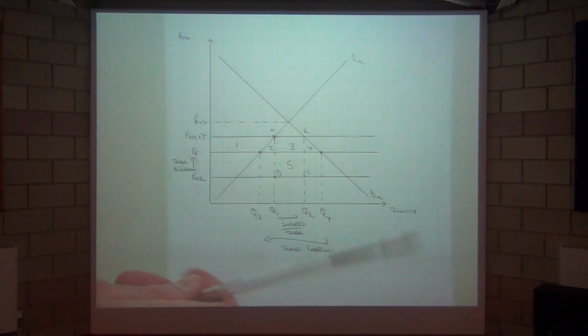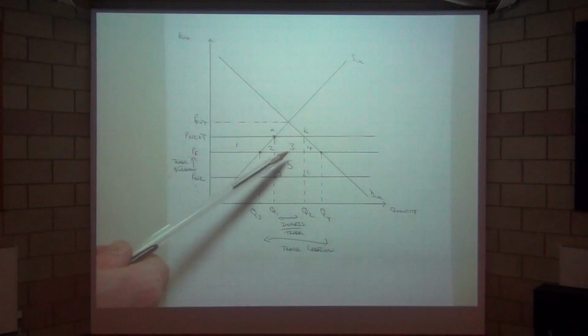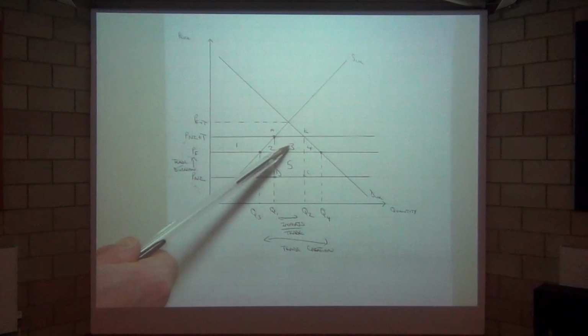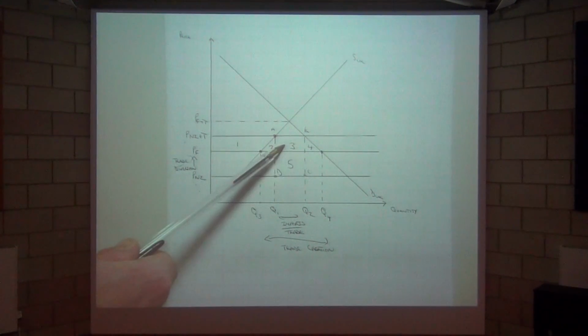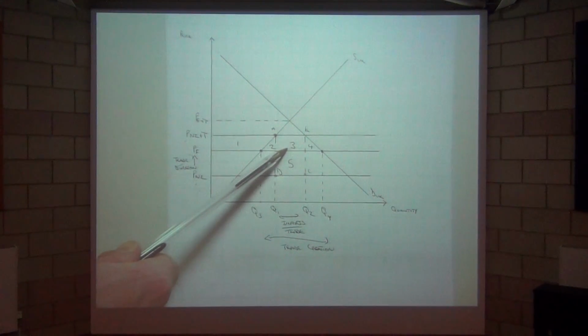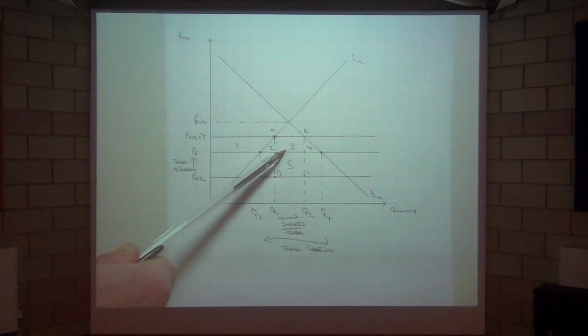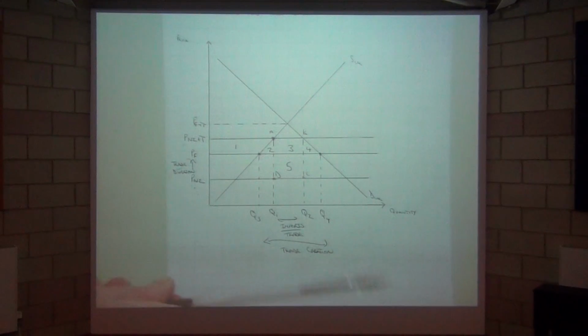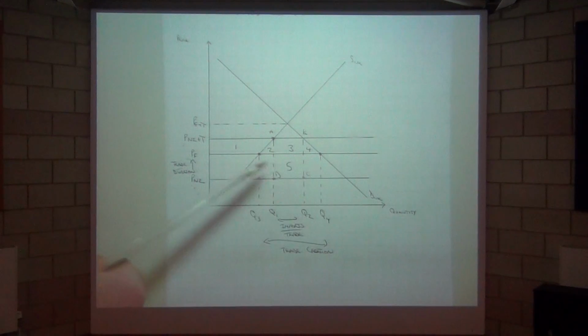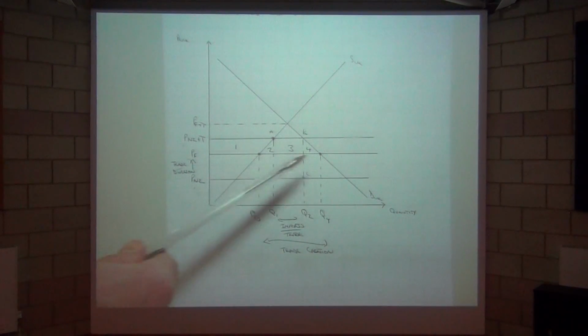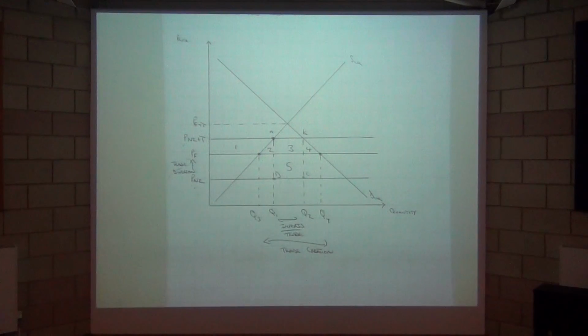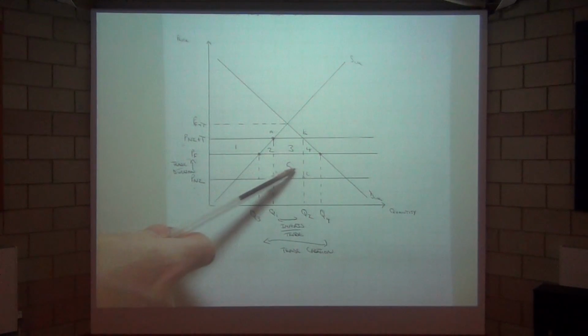We've also, as we've said, lost out, the government has lost out, should I say, on area 3, which would have been part of the tariff revenue. And so the areas of gain are area 2 and area 4, and the greater area of loss, the overall loss, is area 5.